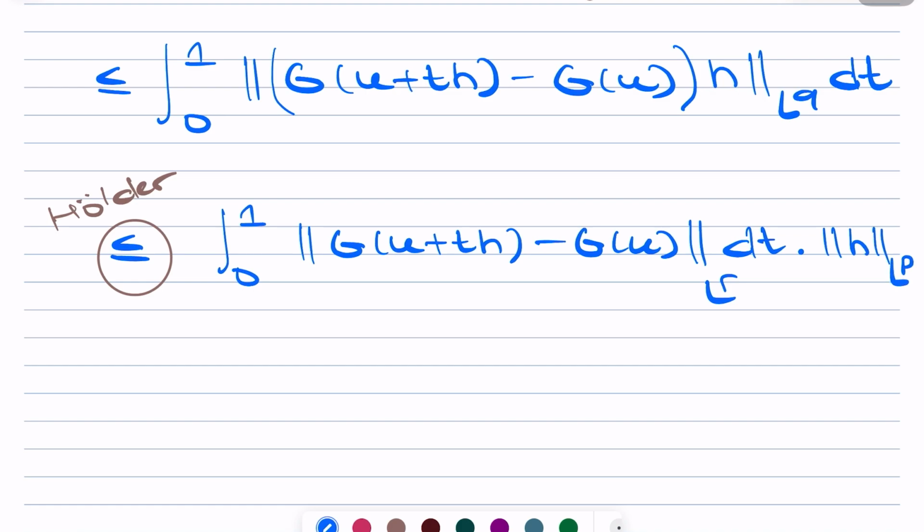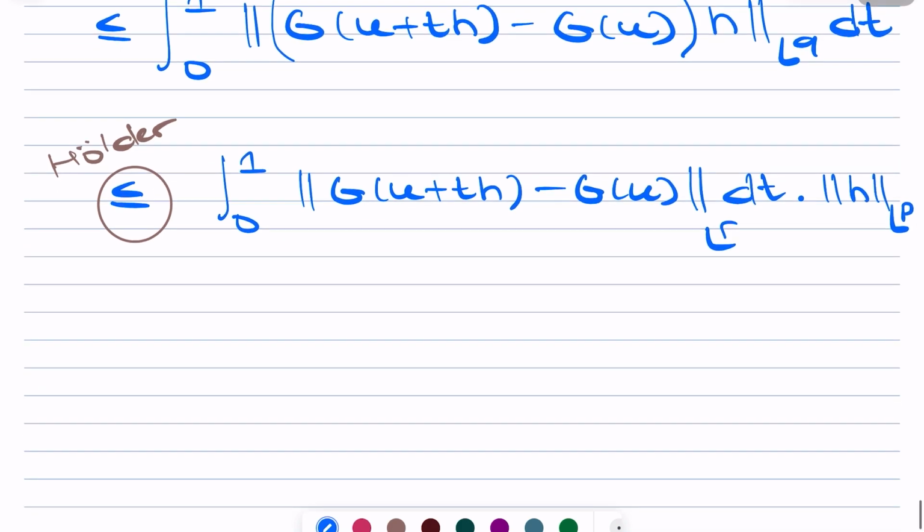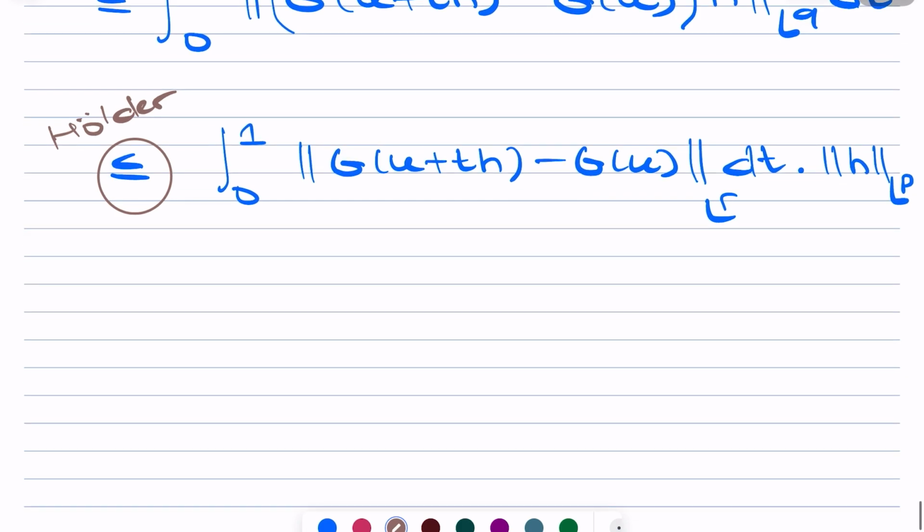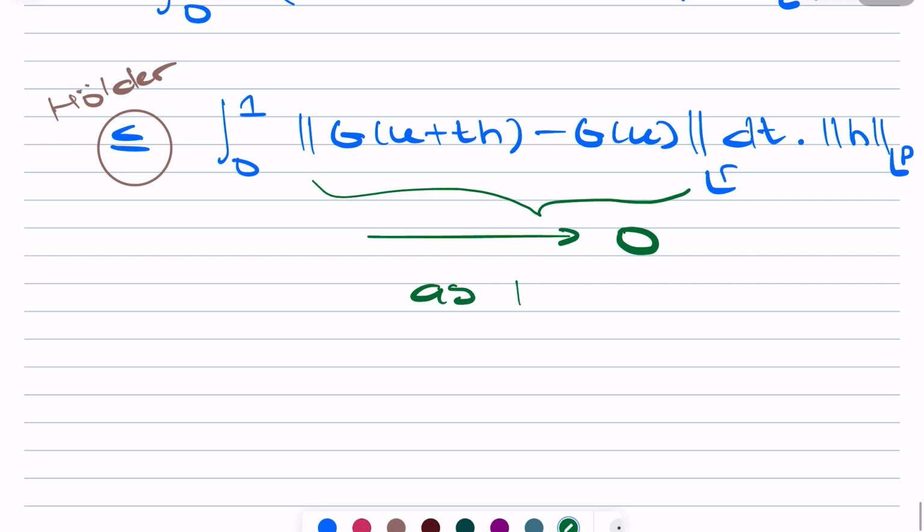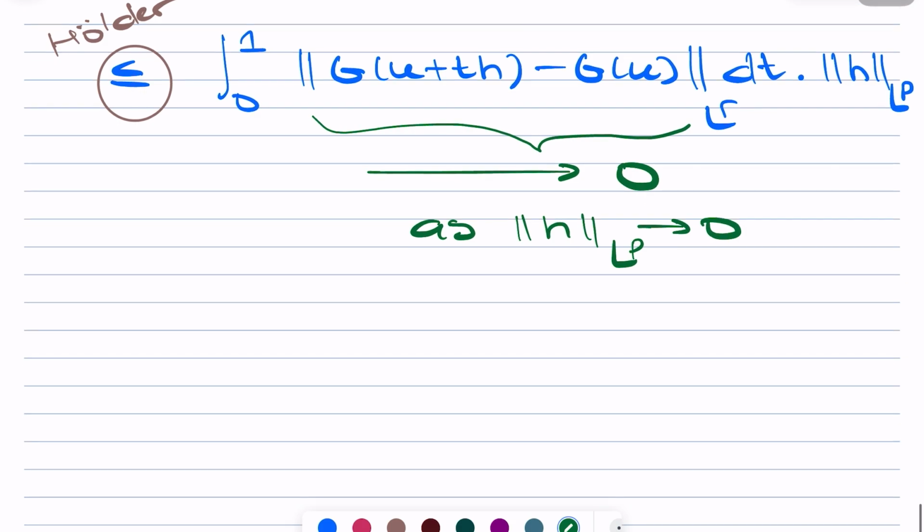Now, I think we are basically done. Observe that this term here goes to 0 as the norm of h in LP of omega goes to 0, because g is continuous.